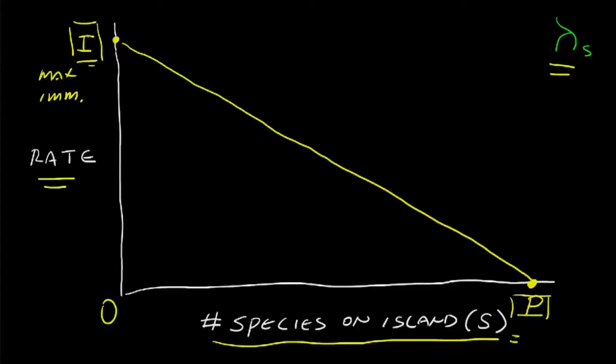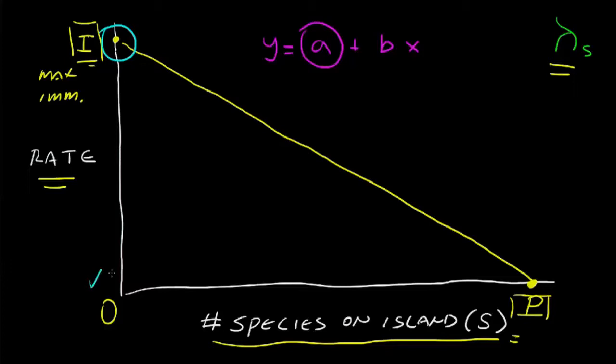Now, we can define this line mathematically. And you might recall from some of your early math courses the equation for a line. So if we want to mathematically describe it, the equation is y equals a plus bx. You remember that equation? So the a term represents what? The a term represents the intercept.